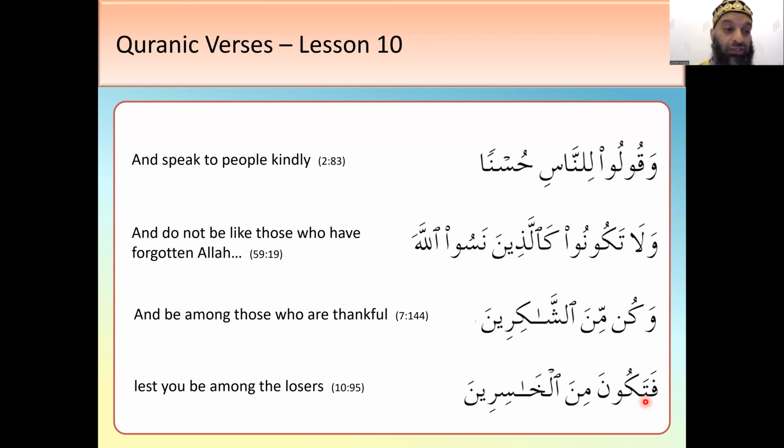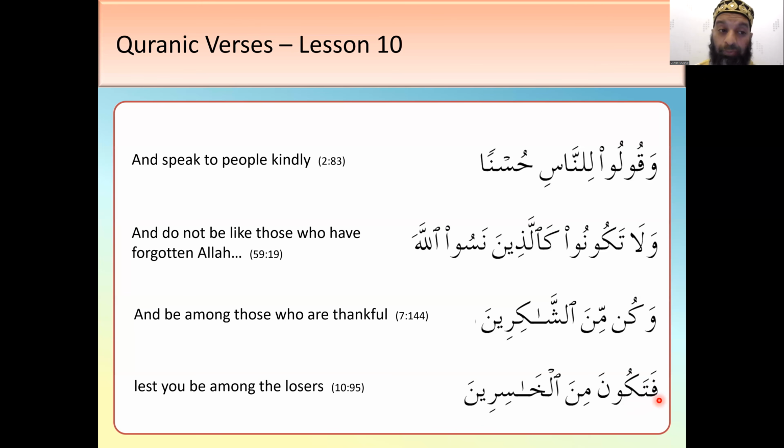Fatakuna, lest. Not what you all said, that's qala, yaqulu. But good try. So takunu means you are, or you be.